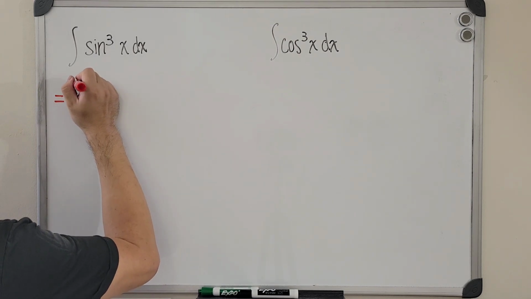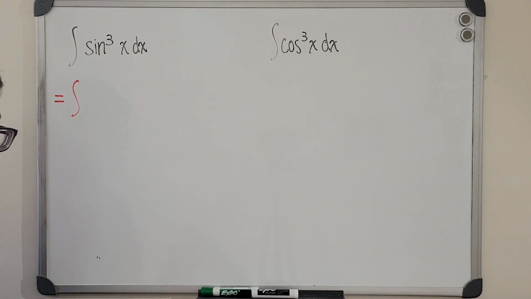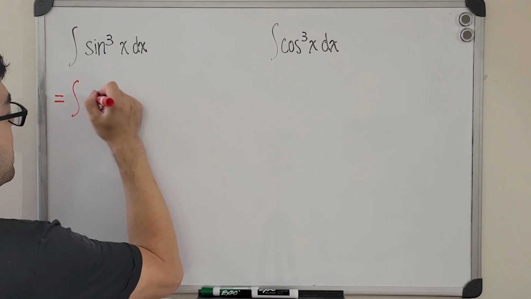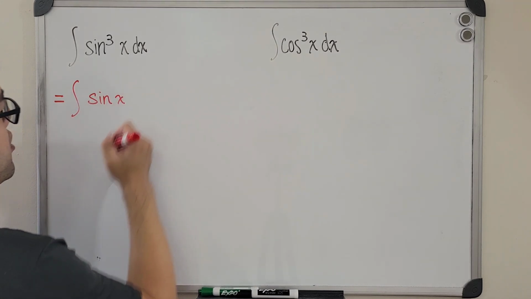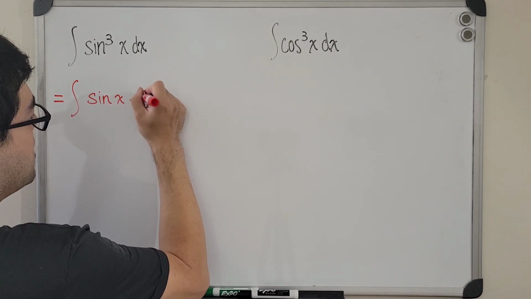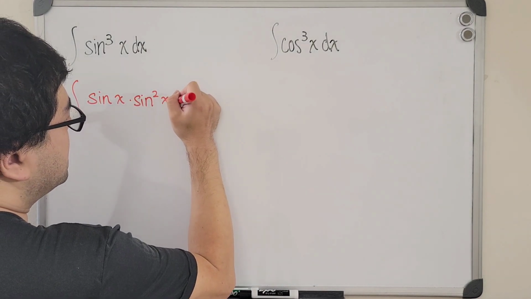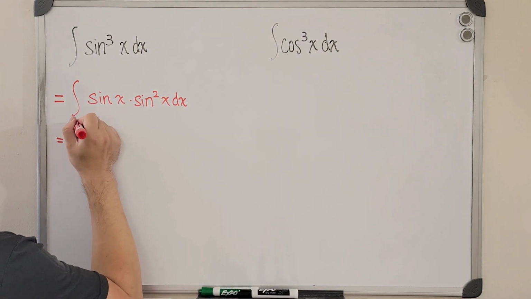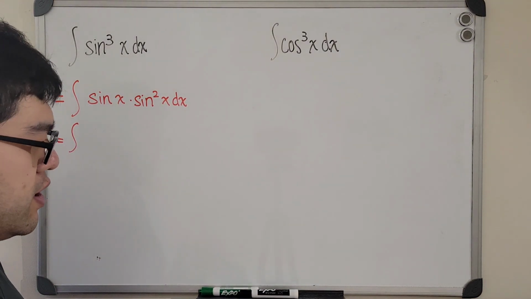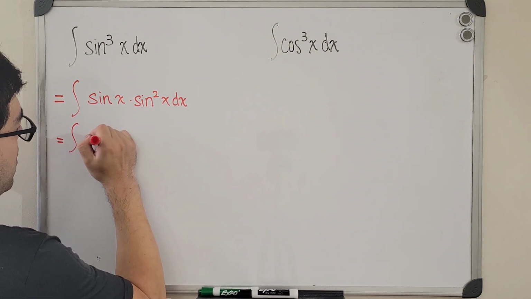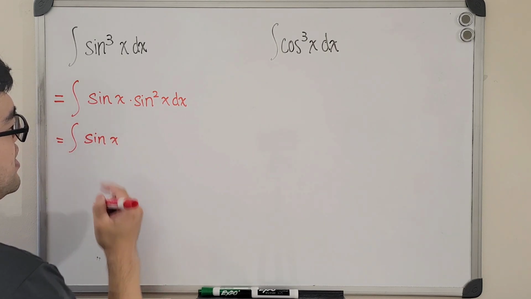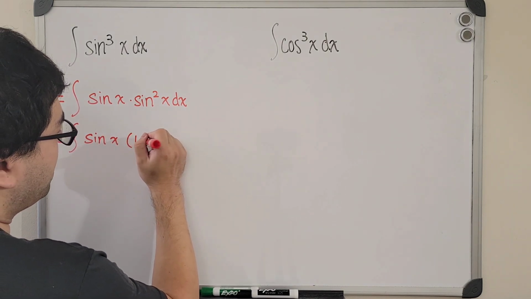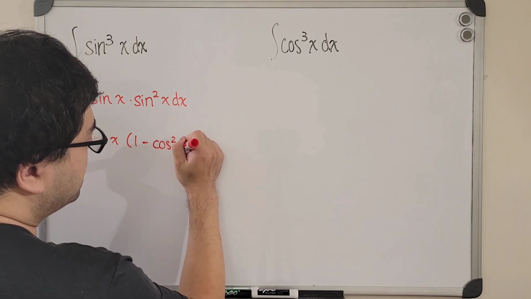So what we can do is split the sine to the third power into sine to the first power times sine square of x dx, and we're going to use the trig identity, which is sine square is equal to 1 minus cosine square.